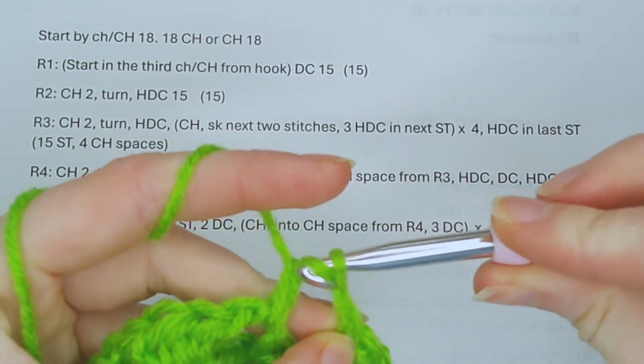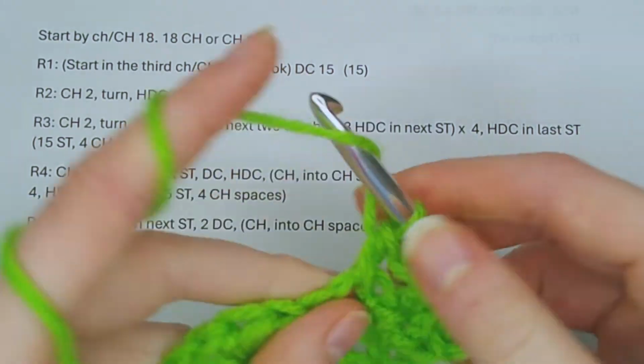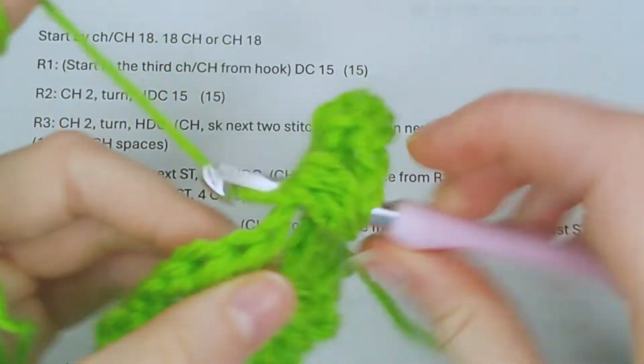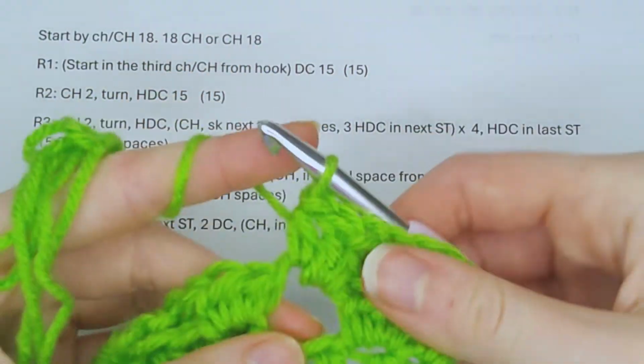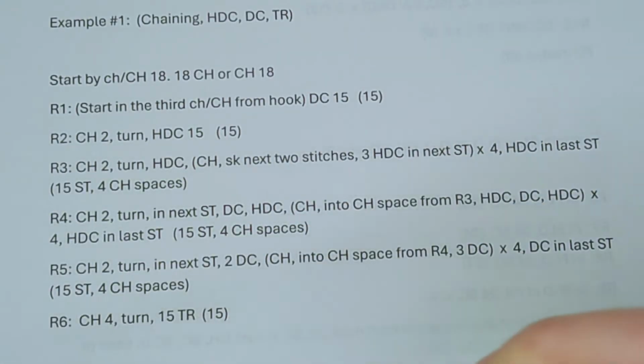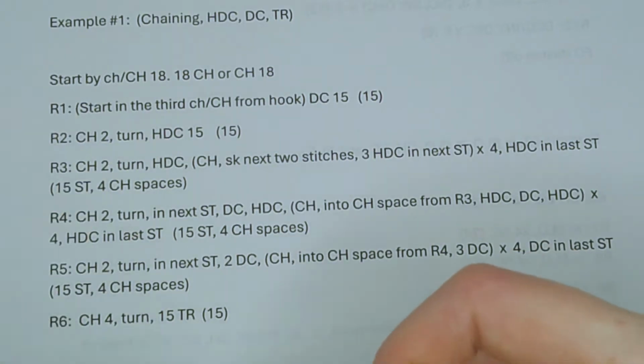Then it says double crochet, and then half a double crochet, all into that chain space. And then it says do that 4 times. So we're going to go to the beginning of the parentheses, and it tells us to do a chain.